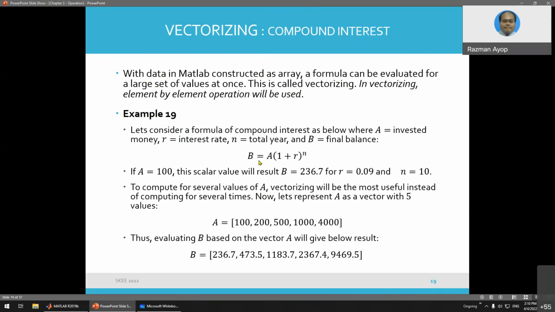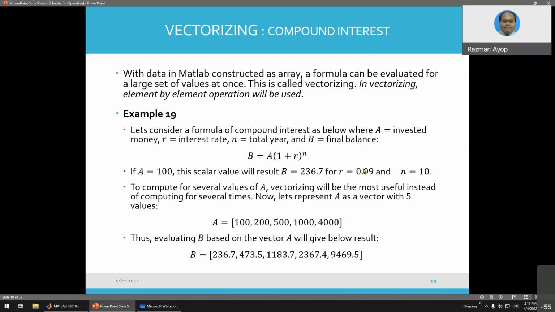So you can see here B is equal to A times (1 plus R) to the power N. N is the number of years, R is the interest rate, A is the invested money, B is the final balance.